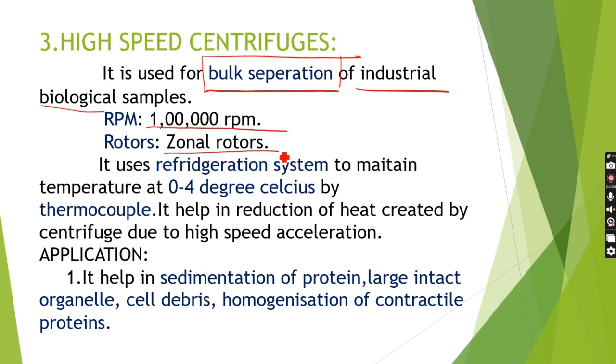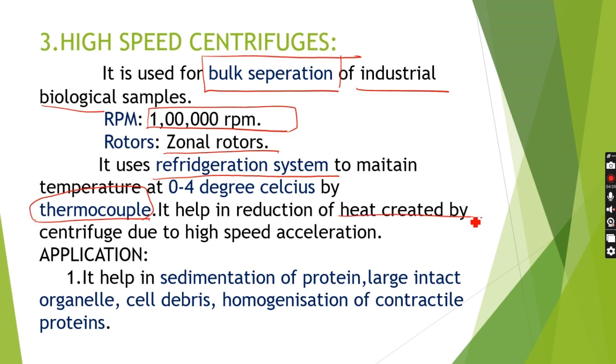It generally uses zonal rotors because at the industrial level more sample needs to be separated. It also has a refrigeration system because the RPM is high. It also has a thermocouple, which directly converts the heat into a cooling system.